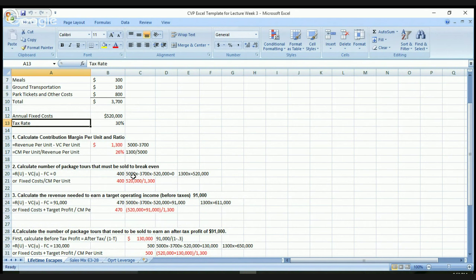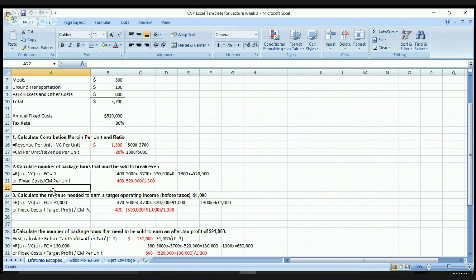Adding like terms, 5,000 minus 3,700 gives me 1,300x equals 520,000. Divide both sides by 1,300, I get 400. Now, another way to configure it is taking fixed costs and dividing it by the contribution margin per unit.